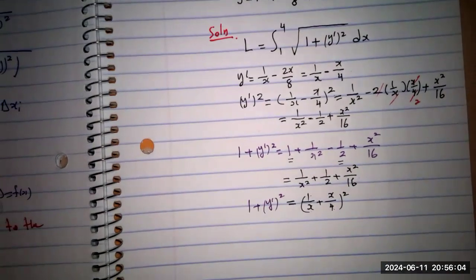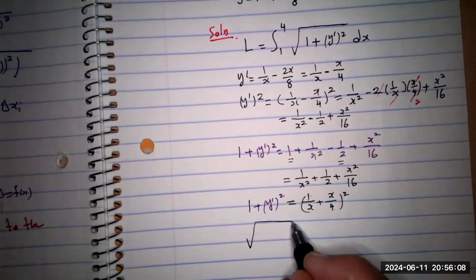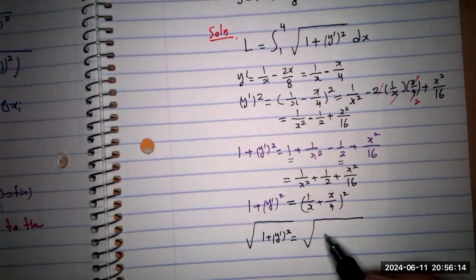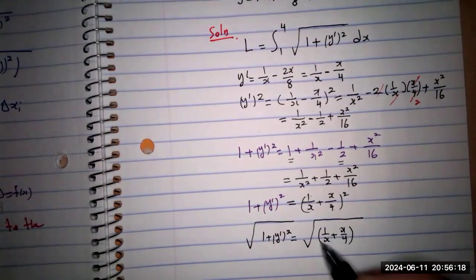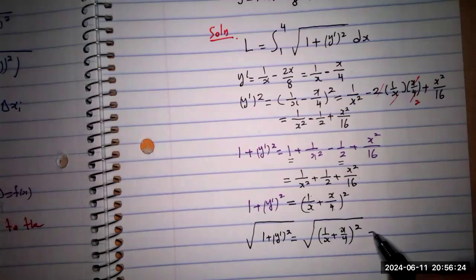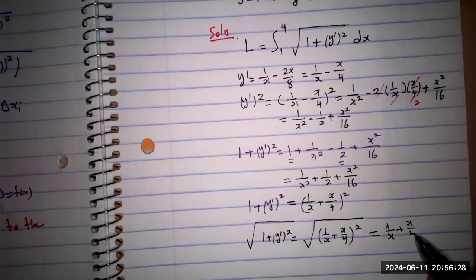Now if you take the square root of 1 plus y prime squared, that gives you 1 over x plus x over 4, all squared, under the root. Everything inside is positive, so x is positive, x over 4 is positive. So this result would be 1 over x plus x over 4.